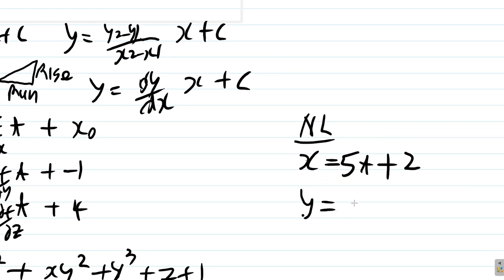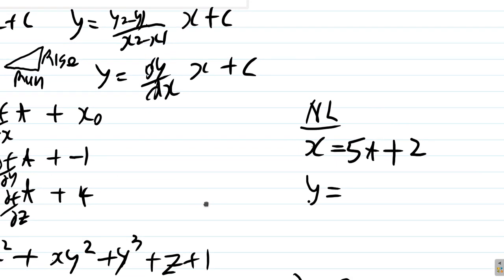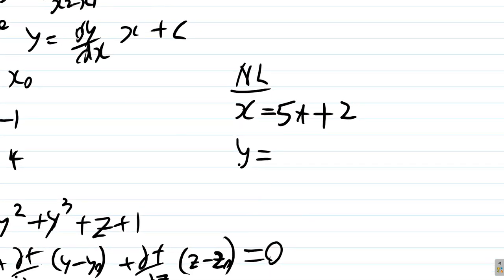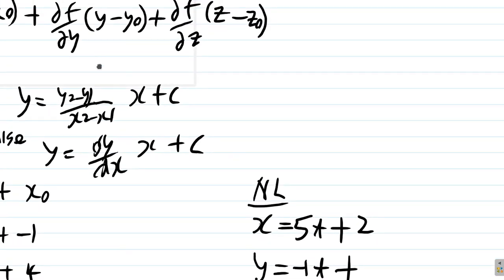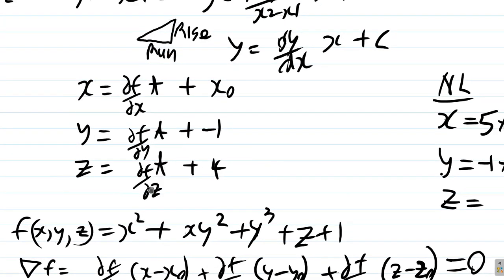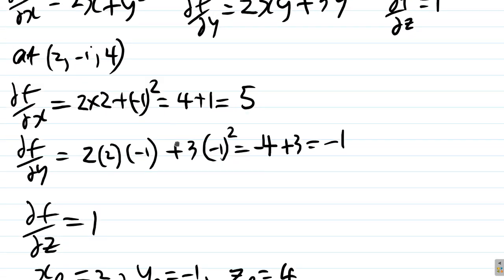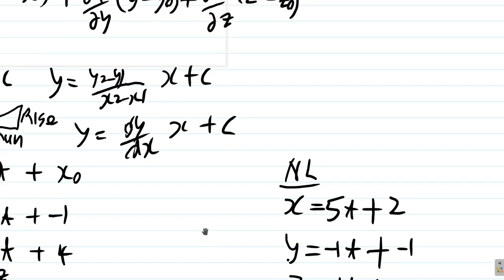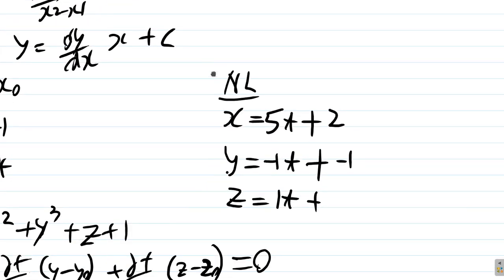And then y equals the partial of f with respect to y at the point, which was -1, so negative 1t plus, and y was negative 1, so plus negative 1. And then at the point, the partial of the function with respect to z was 1. So z equals 1t plus the point z, which was 4.